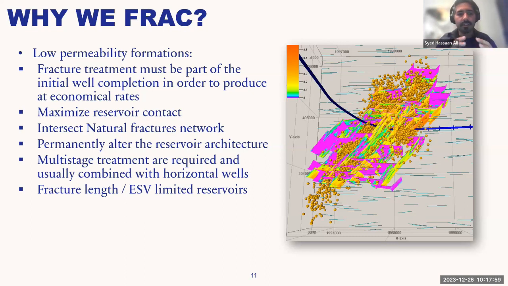In the low permeability formations, you have to do multi-stage frac because your zone is extended horizontally. So you frac one zone, and then you start plugging it, and you start fracking the lower zone first, and then you keep fracking as you go towards what we call the toe of the well. After that, there is no frac. The fracking is usually done in the horizontal part of the well.